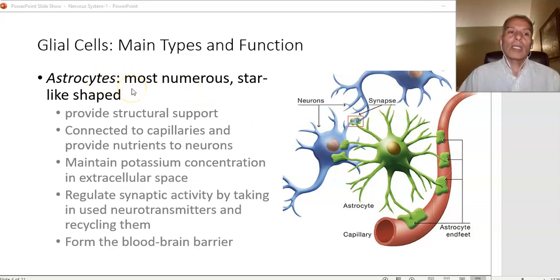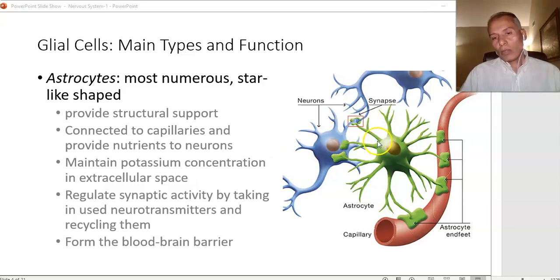The first kind is a cell called astrocyte. Astro means star, cyte means cell. So the astrocytes are star-shaped, like this green cell here.